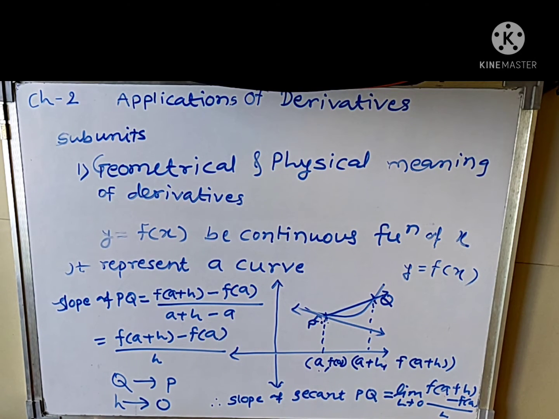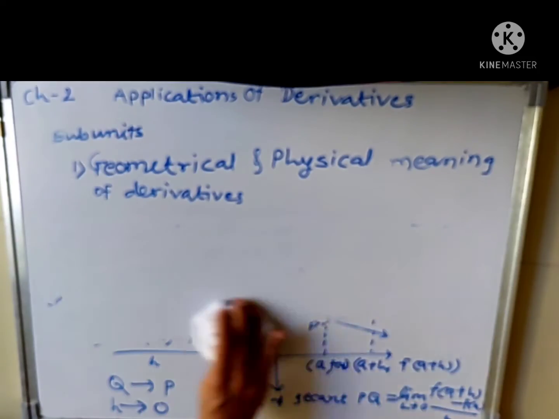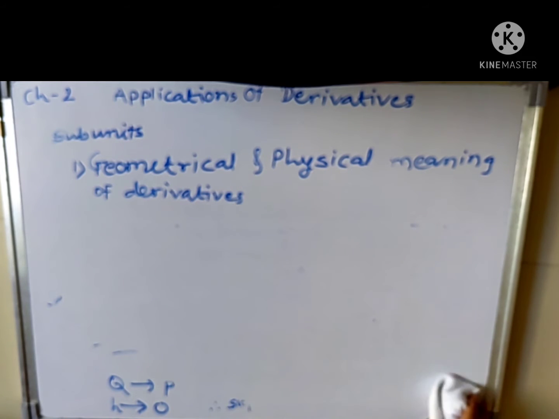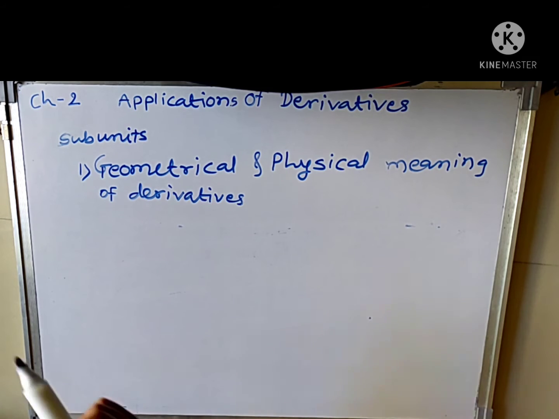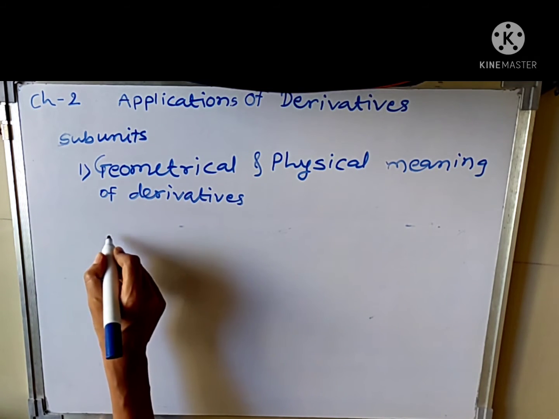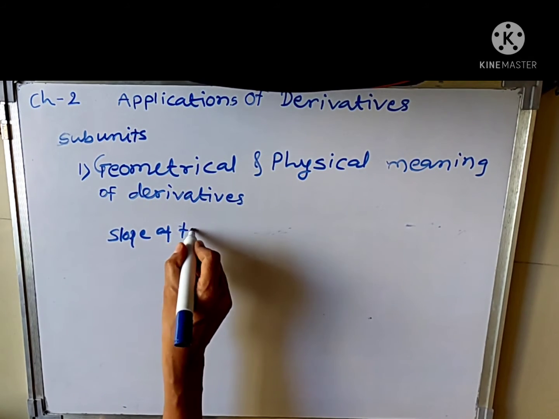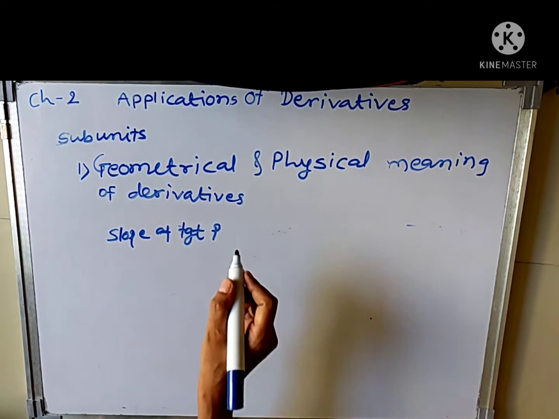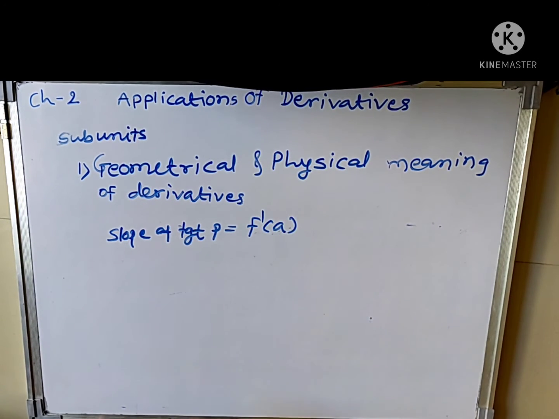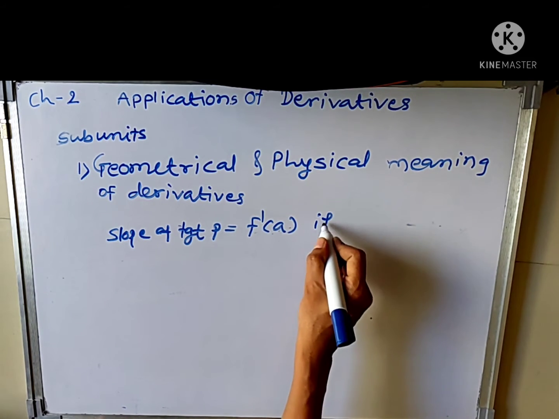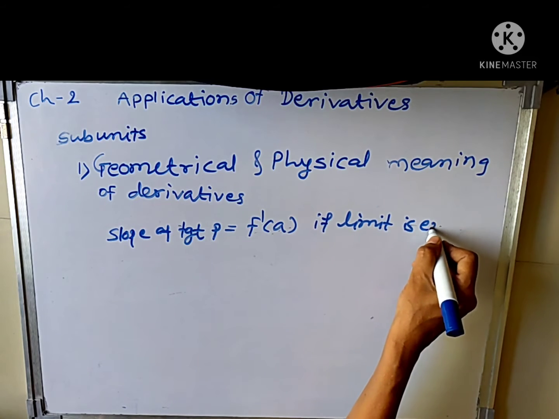That is, the slope of tangent at P is equal to f dash of a, if the limit exists.